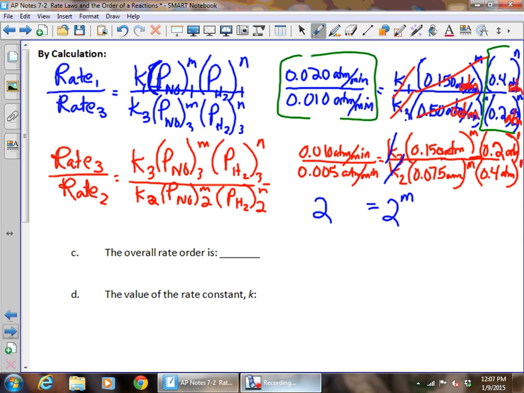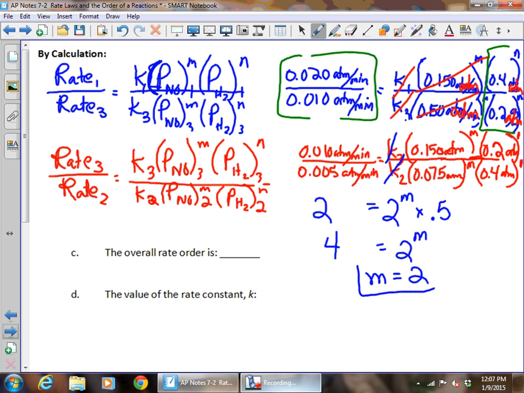And 0.2 divided by 0.4 is 0.5. It's 1/2, or 0.5. So in order to solve for this, I'm going to need to multiply both sides by 0.5. When I do, I get that 2 to the m is equal to 4. Well, if that's true, evidently m is 2 because 2 squared is 4.